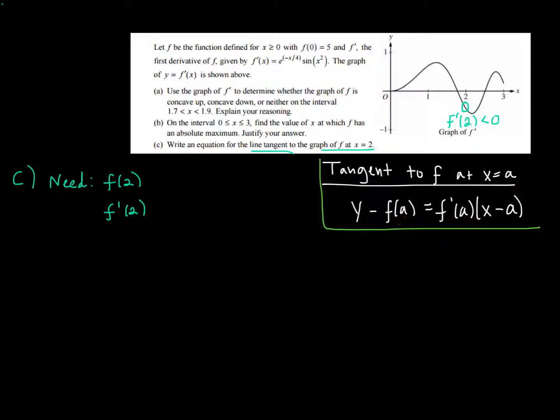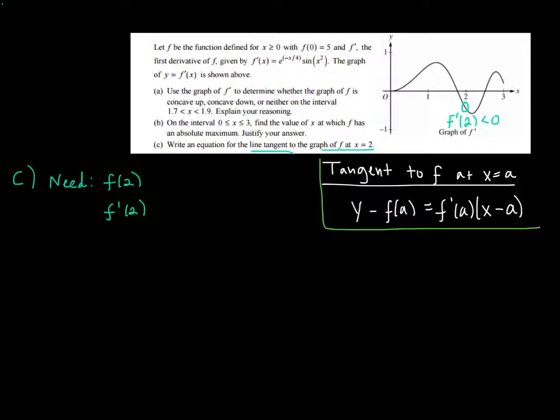So using point slope form, I simply have y minus the y value of f at that point equals f prime at that x value a, the slope at that point, times x minus a, the x value of that point.